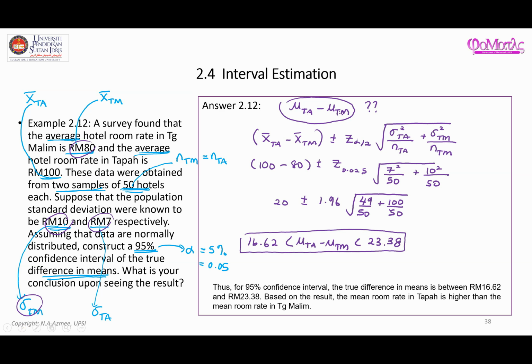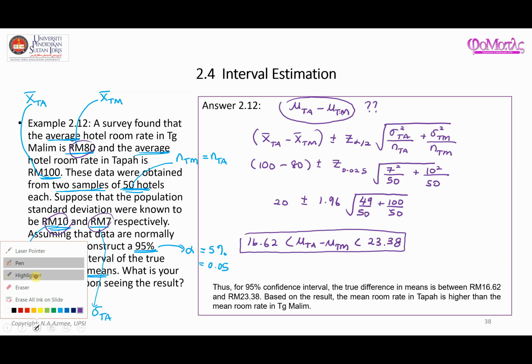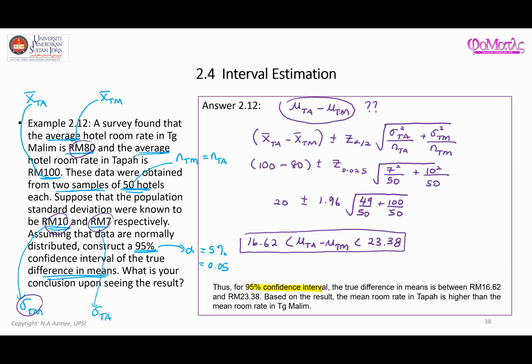So this is the final answer, and based on this answer you can come up with the conclusion. This is how you can write up your conclusion. Therefore, for the 95% confidence interval, the true difference in means is between 16 ringgit 62 cent and 23 ringgit 38 cent.